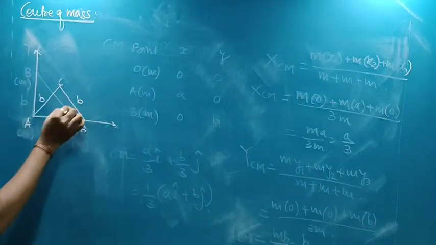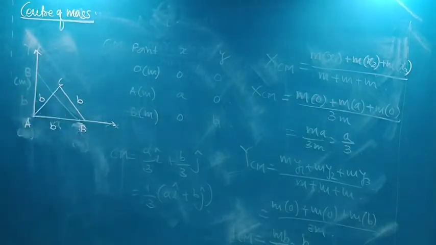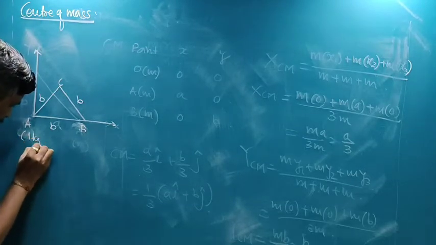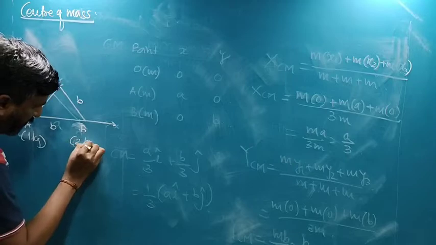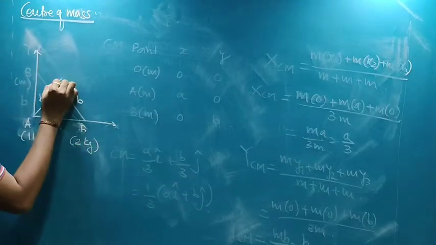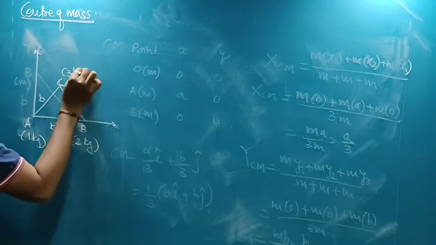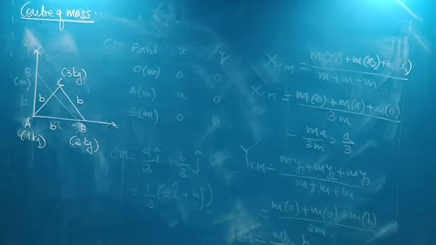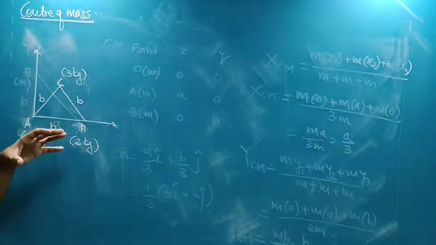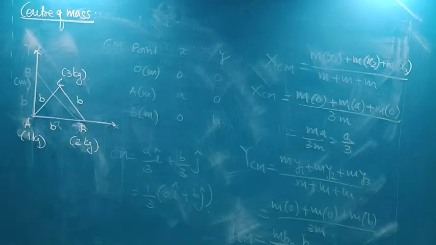Each side is b, because it is an equilateral triangle. At the points, the masses situated are 1 kg, 2 kg and 3 kg. Here mass 1 kg is situated at A. At the point B, mass 2 kg is situated. At the point C, mass 3 kg is situated. And now we have to find the center of mass of this given system.